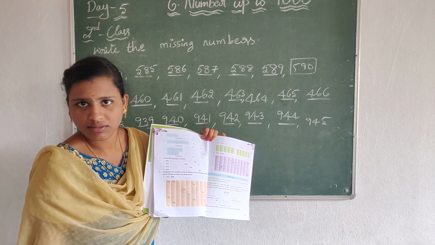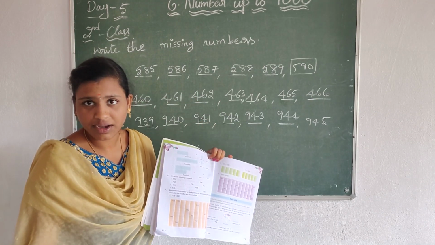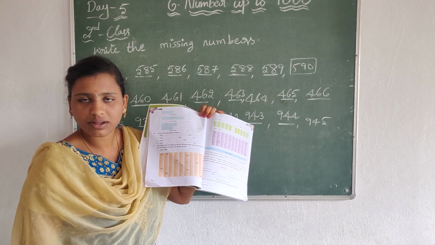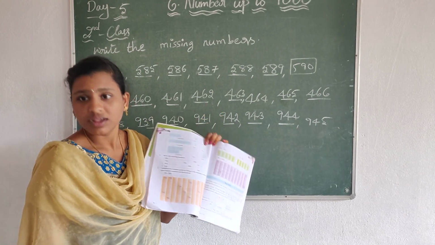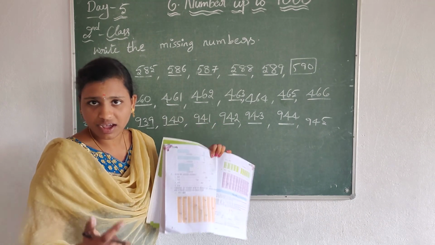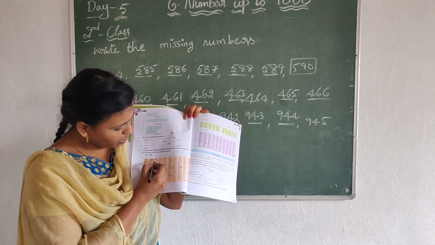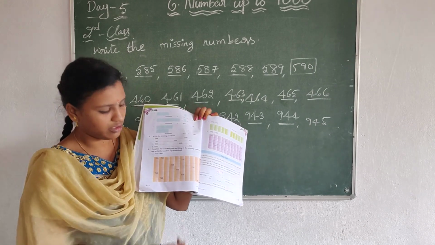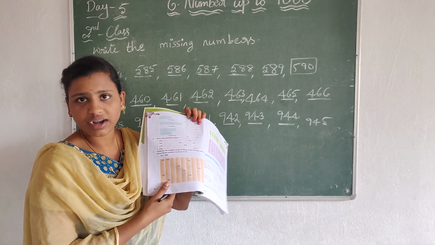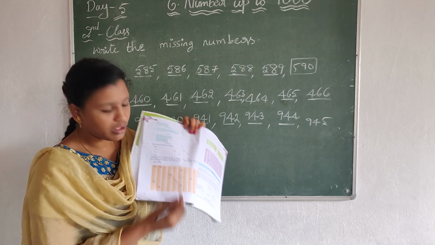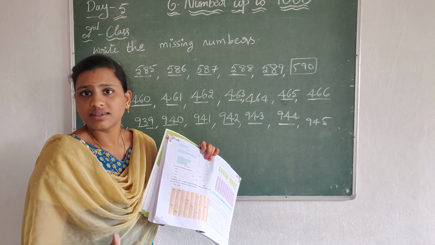Say loudly. 701. What is the number? 702. Say loudly. 702. What comes next? 703. Say loud. 703. Like that, you write the number and say it loud.